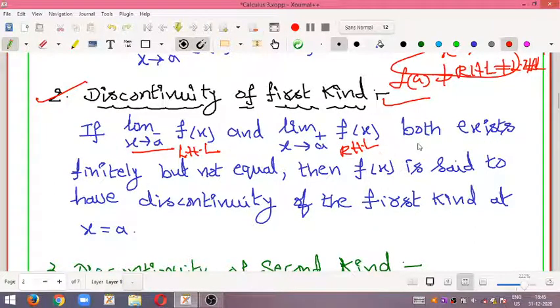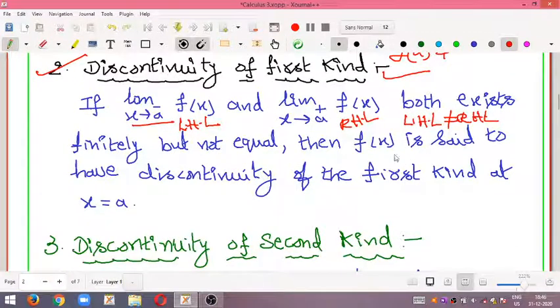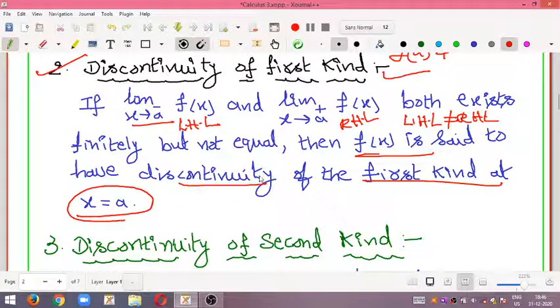That means if LHL and RHL both exist but are not equal, then in that case f of x is said to have a discontinuity of the first kind at the given point x equals a.